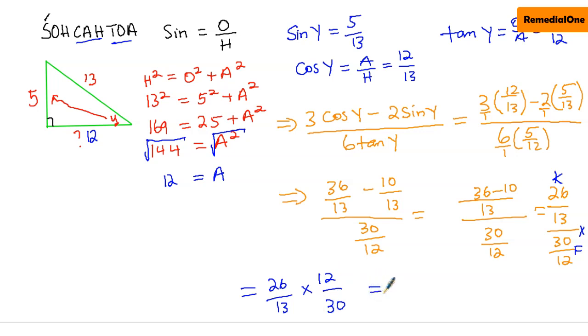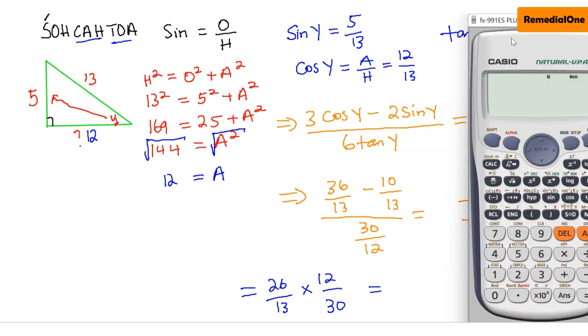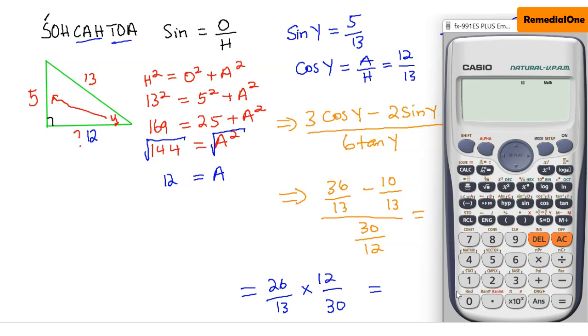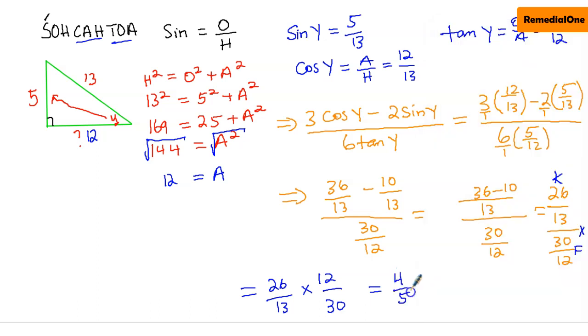Even at this moment, you can continue to divide it by 2 to break it down. But at this point, you can pick your calculator. Calculator is allowed. You can do your fraction: 26 divided by 13 times another fraction, 12 divided by 30. And that will give you your answer, which is 4 on 5.